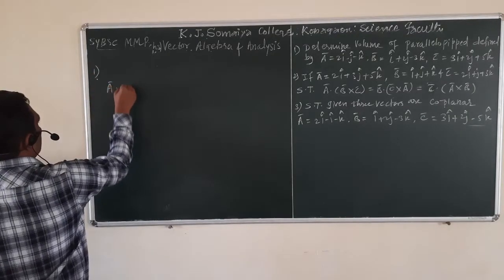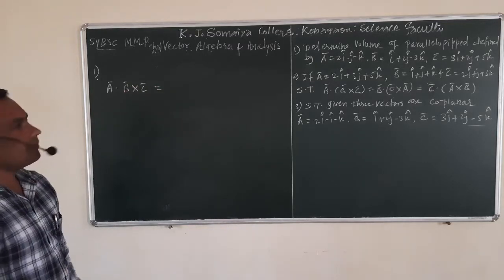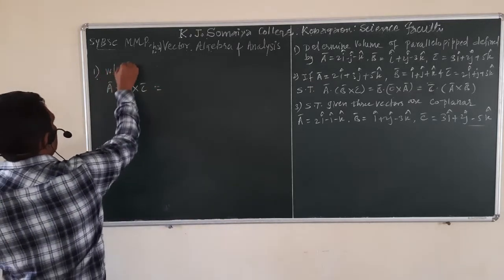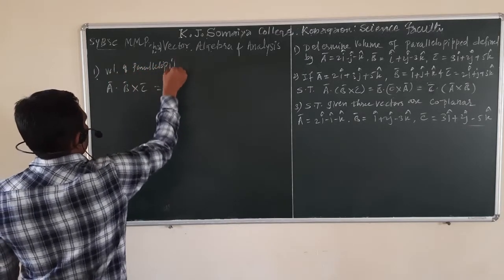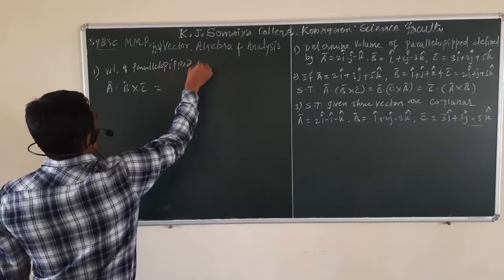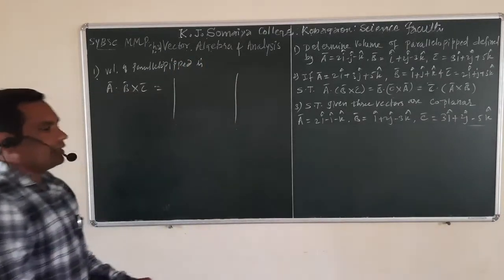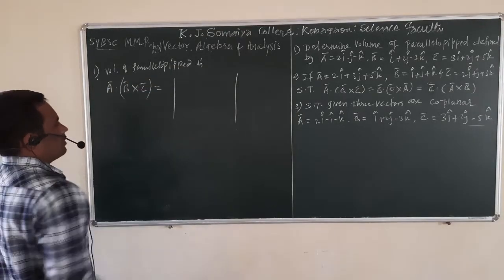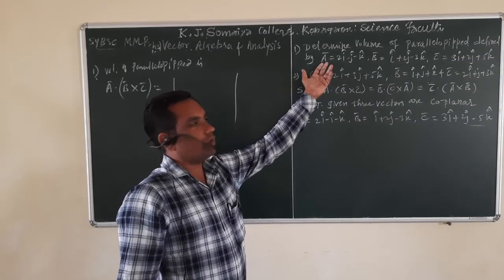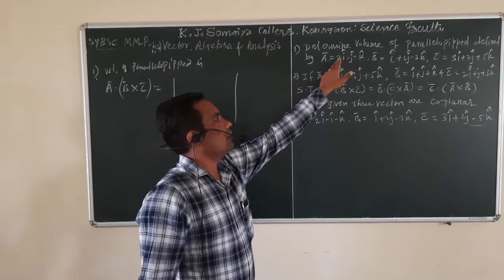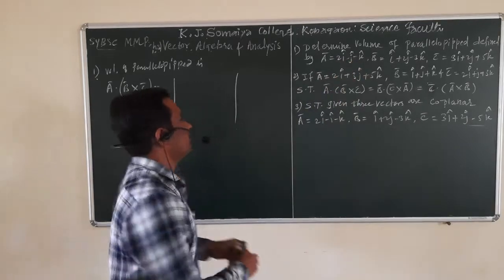So the volume of the parallelepiped is A dot B cross C. How to find that? Take the components of vector A in the first row, which are Ax, Ay and Az: 2, -1, -1.